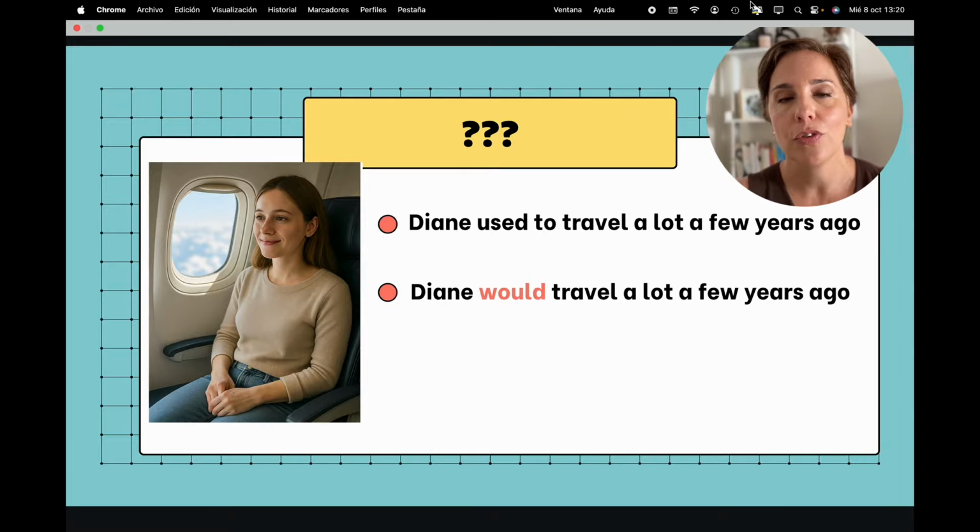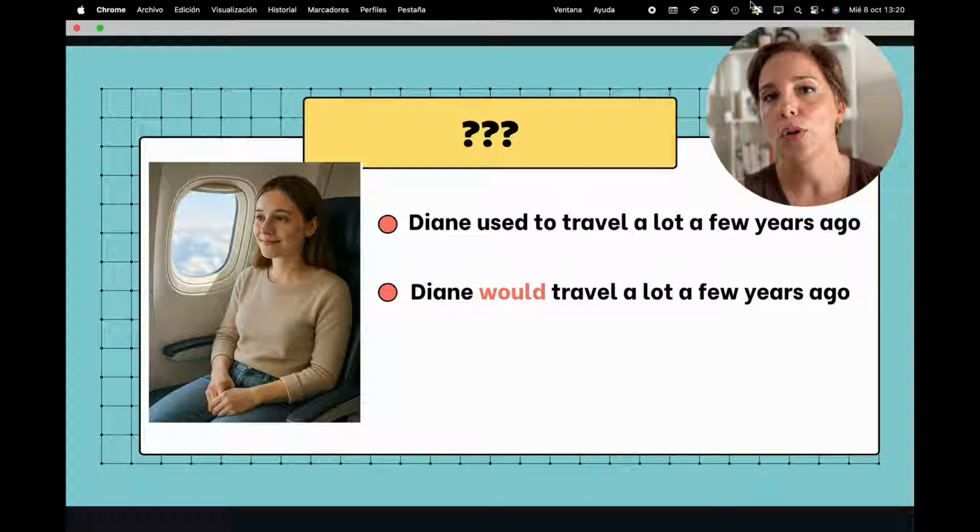Now, don't get confused with would and conditional, okay? Would is the typical conditional word to make conditional sentences, okay? If I were you, I would go to the doctor. But this is completely different. This is just a synonym for used to. So the meaning is the same.